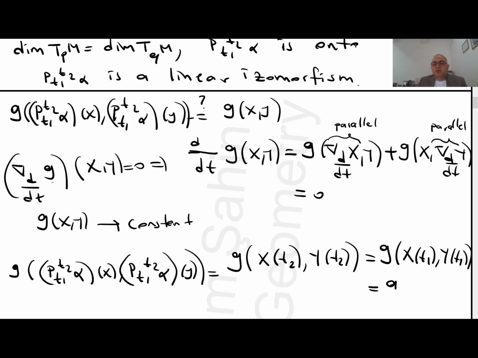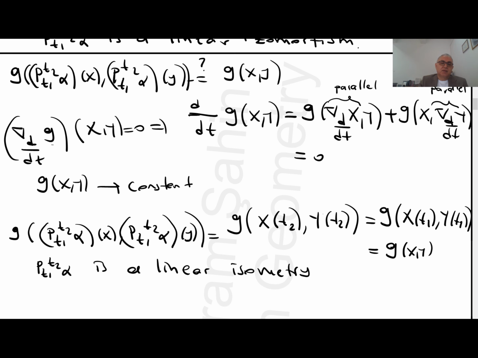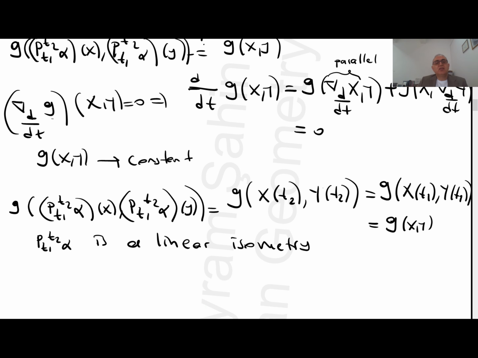But this one is g(x, y). So we conclude that P_{t1,t2}^α is a linear isometry, because it also preserves this metric. So the length of these vectors will be the same under this map.